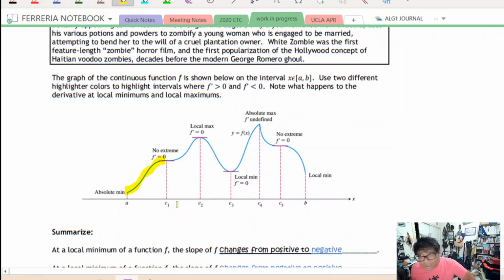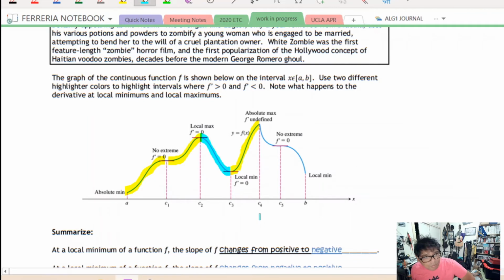So from a to c1, definitely our function is increasing. From c1 to c2, our function is increasing. Now from c2 to c3, the y-coordinates are getting smaller, so in fact, we have an interval of decrease. From c3 to c4, the y-coordinates are getting larger, so this is an interval of increase.